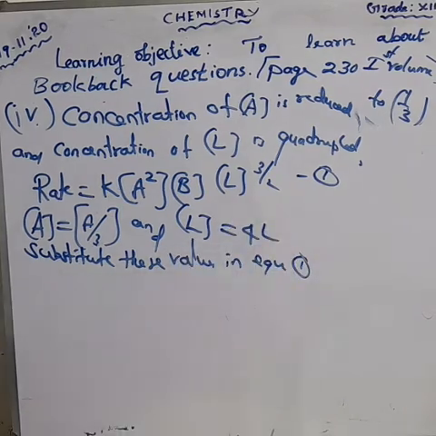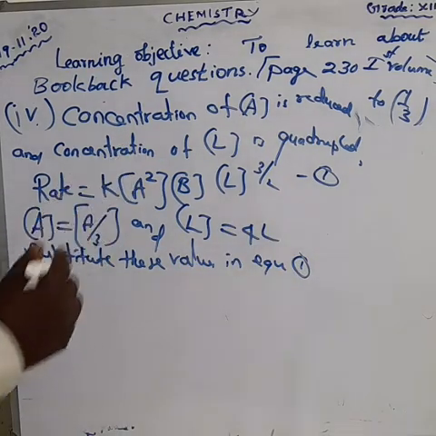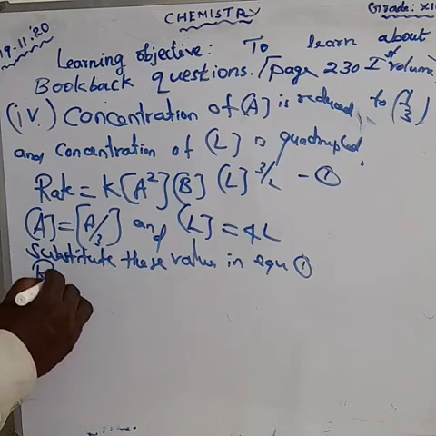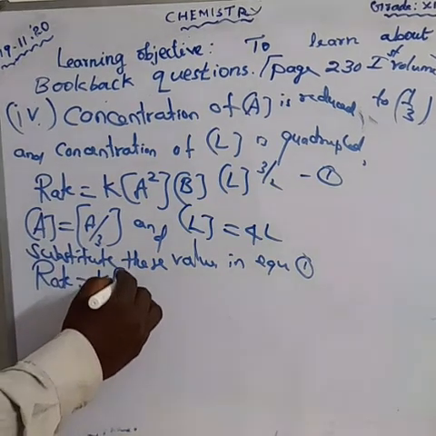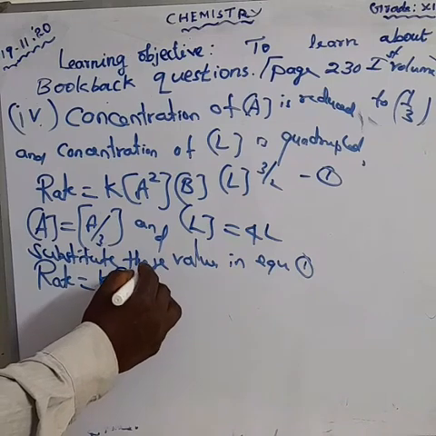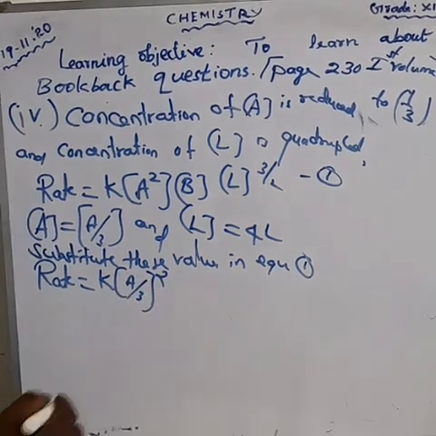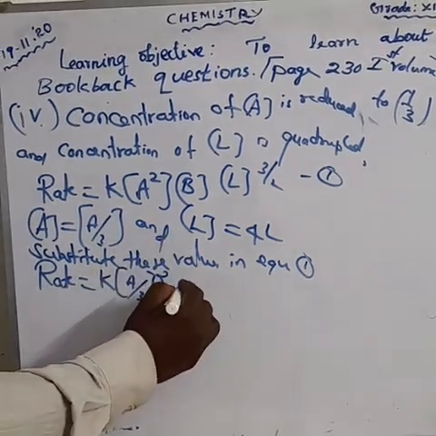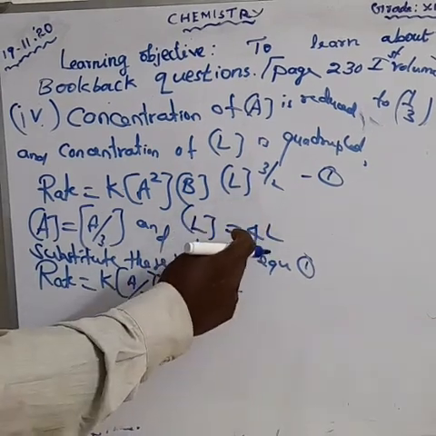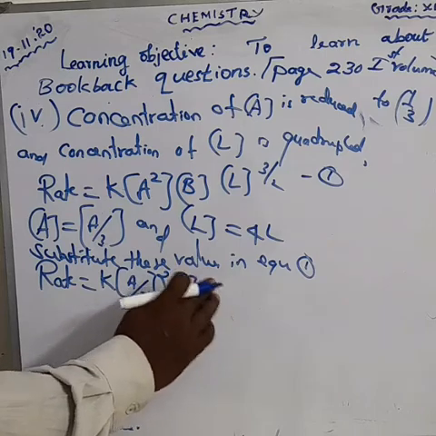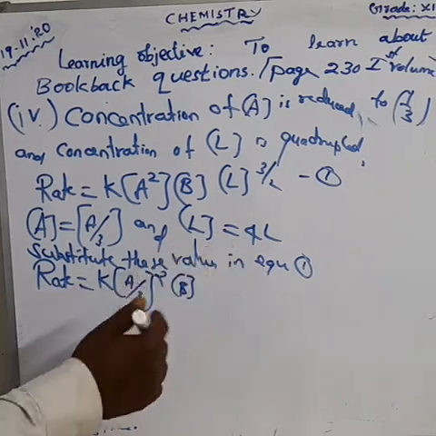Equation 1. So what is the answer? Let's substitute this value. Rate is equal to K into, what is the value of A? A by 3 square. And about the B, there is no change. And about L, L is equal to how much? 4L.